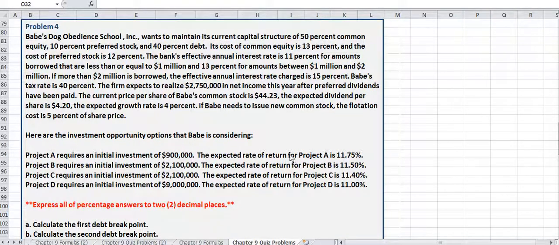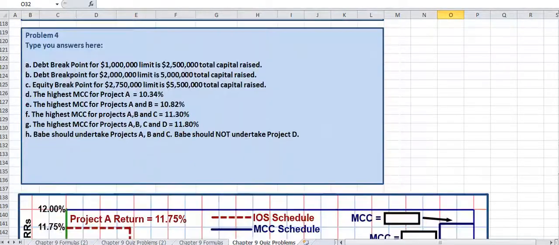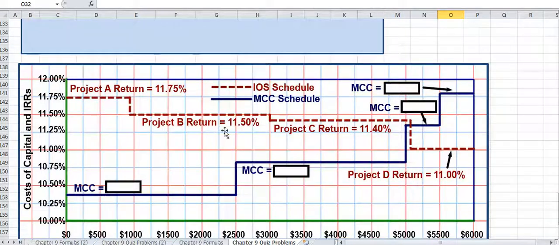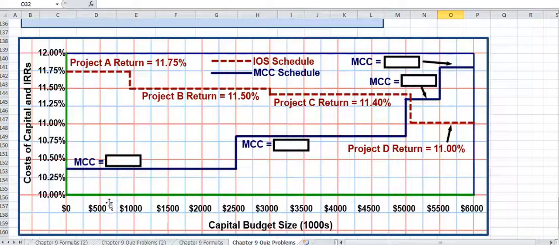You could also scroll down and look at the chart or the graph to get an overall picture of what's going on. The blue here is the marginal cost of capital as your capital budget grows as you add projects and need more capital, and then you can see the return from each of the projects.